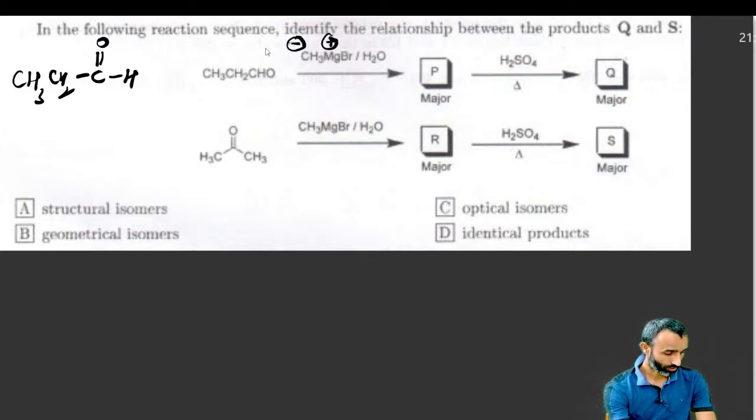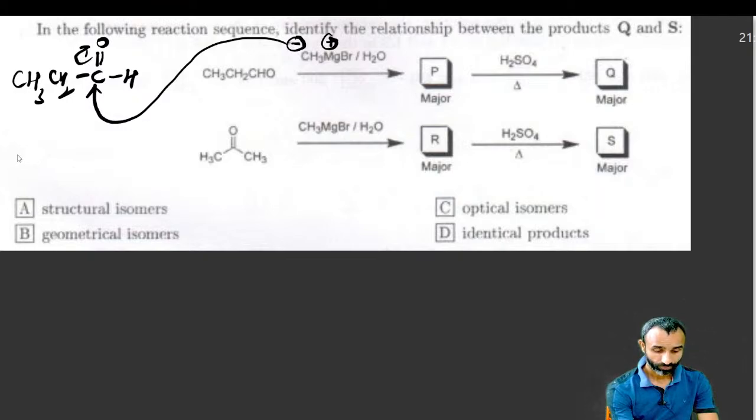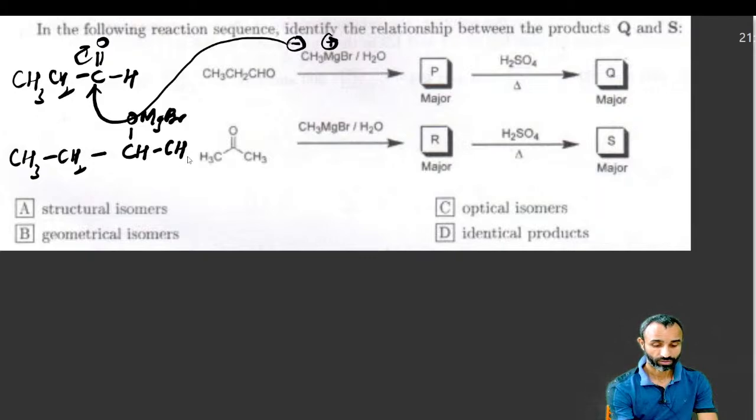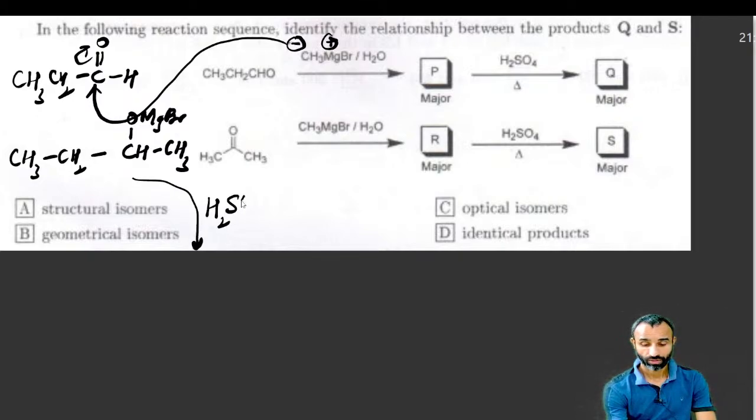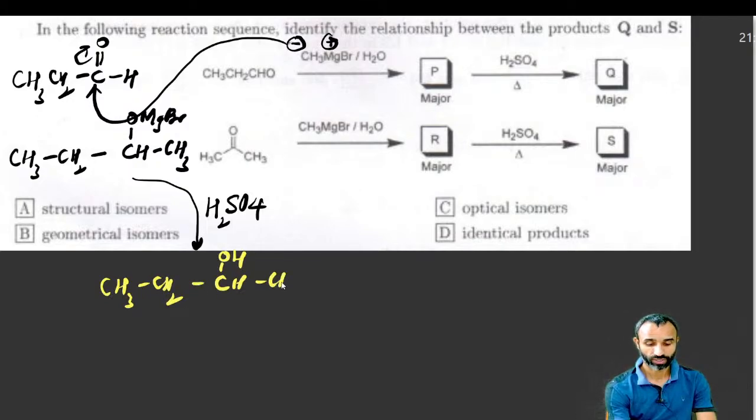This will attack, leading to the formation of CH3CH2CH(OMgBr)CH3. Now when it is treated with H2SO4, we get CH3CH2CH(OH)CH3, right?